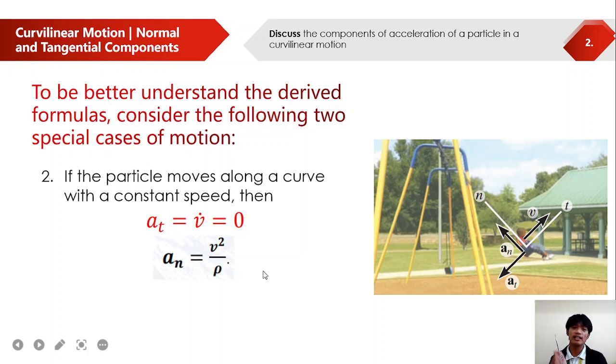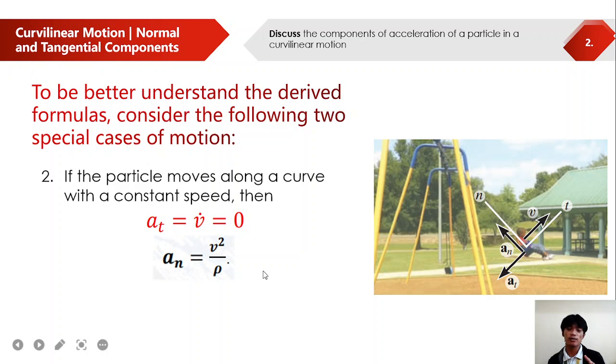When we say normal component of the acceleration, you can say that it has its own origin. Therefore, there is a distance or radius from its own origin to the particle. So that's for your rho. That's the distance between them.